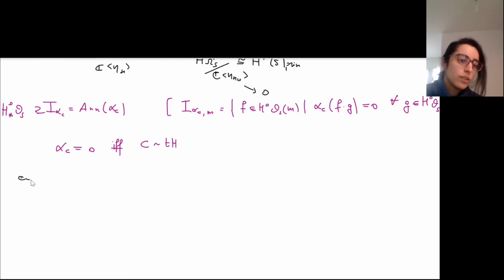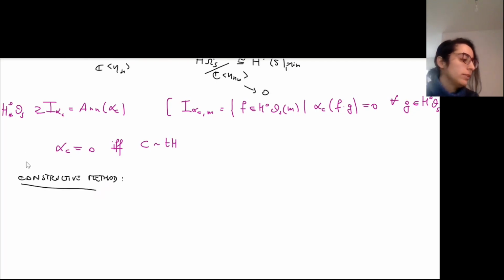So, a constructive method. Start with C and with another exact sequence, the normal bundle exact sequence.